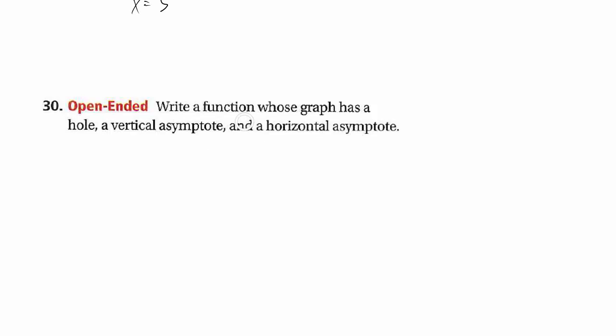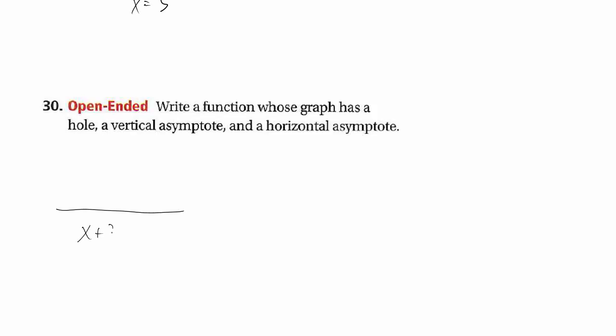For 30, if you want to write a function that has all 3 of those, really you could just look previously at one of the answers earlier in this study guide where it has all 3. So I would encourage you to find the problem that had a vertical asymptote, a horizontal asymptote, and a hole, and you could just create your own.